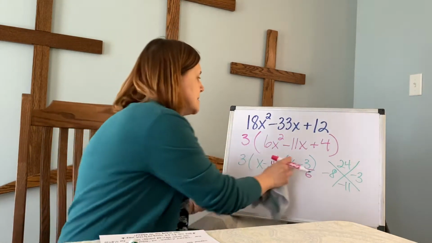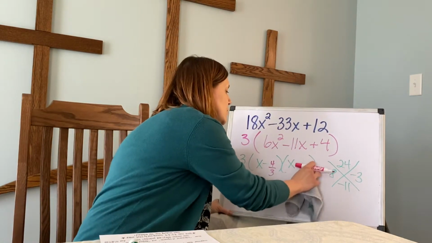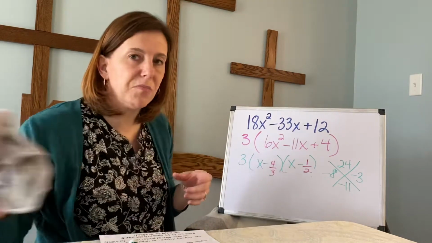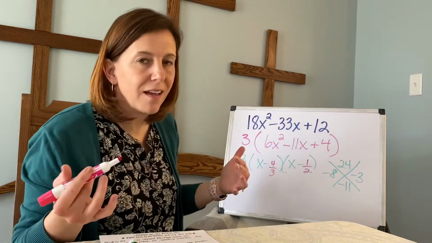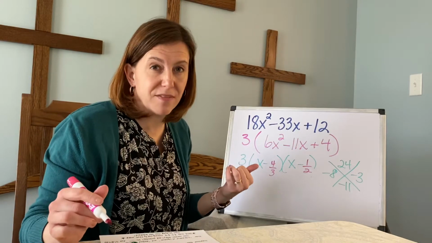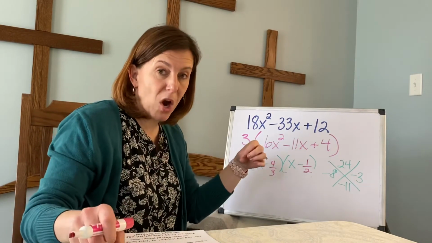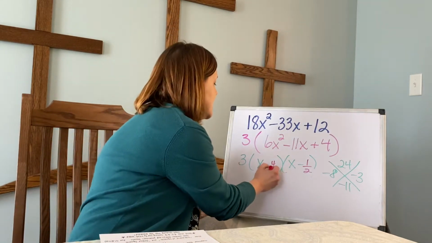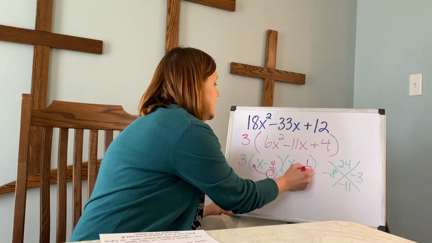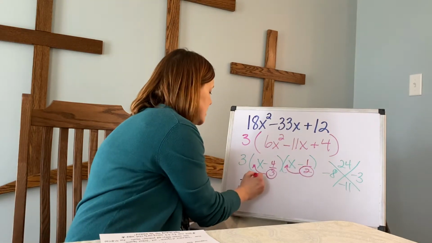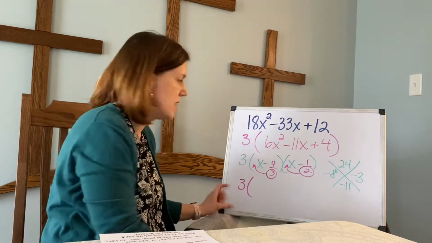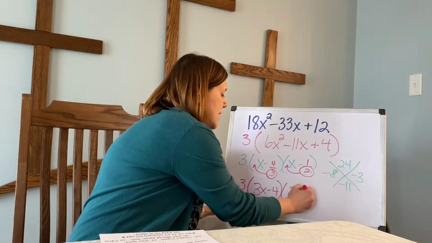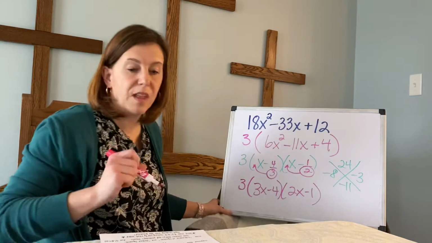I know 3/6 reduces to 1/2. Notice that neither of them simplified to a nice whole number. So that means my second part of divide and slide, the slide part, has to happen because I take that denominator and I slide it to the beginning. So my final answer is this greatest common factor out front, 3x minus 4, 2x minus 1.